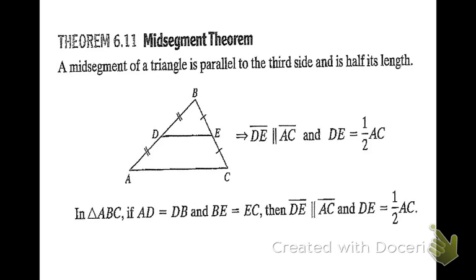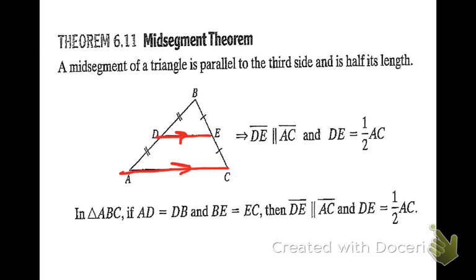So DE would be half of AC. These lines are parallel, and DE is half of AC. Everybody get the idea?